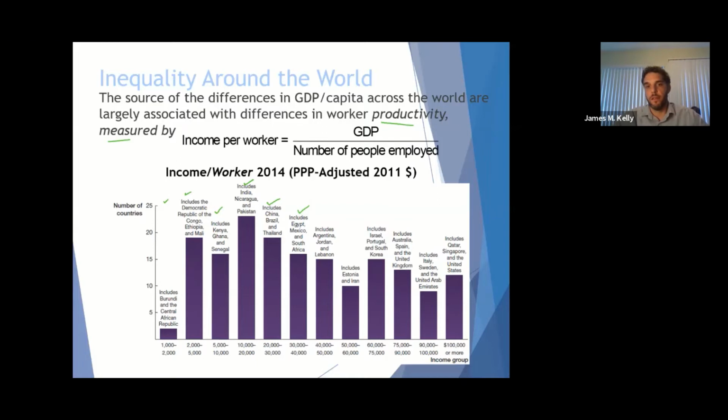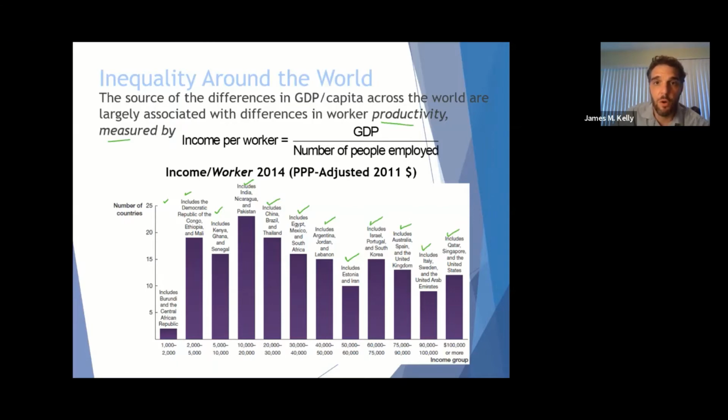starting in even on some Middle Eastern countries. And then as we continue moving up, we start seeing some of our wealthier countries that are in Europe, some of the richer Asian countries, and then the wealthier European countries and North American and the richest Middle Eastern and Australia.